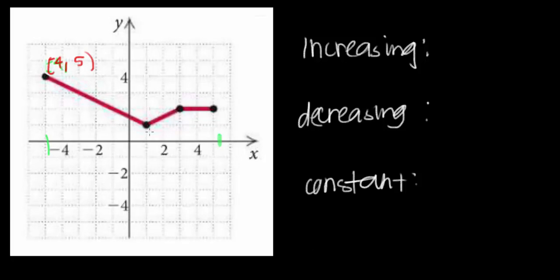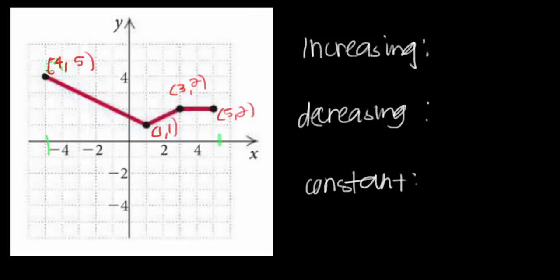Then we come over here to an x value of 1 and have a y value of 1. And then at our x value of 3, we have a y value of 2. And at our x value of 5, we have a y value of 2. So let's sort of trace this thing out like we did last time.